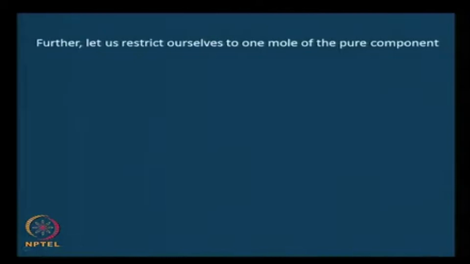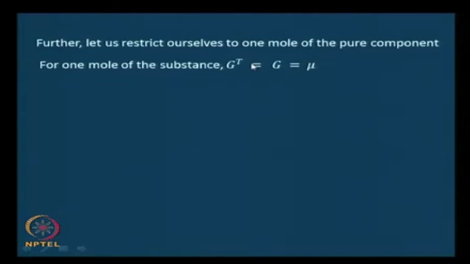We said we are considering only a pure component. Now, let us further restrict ourselves to 1 mole of that pure component. Please pay some attention to this. This is where we are equating Gibbs free energy and chemical potential under these conditions. So, it is good to pay some attention to this.